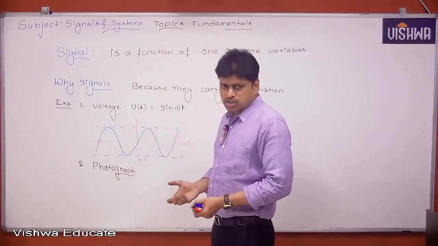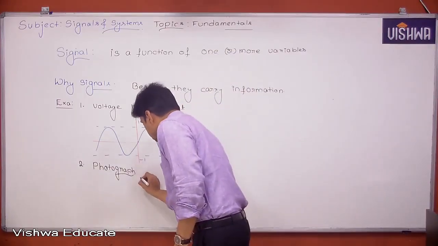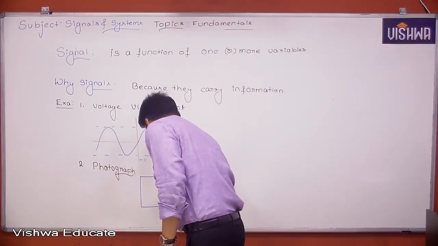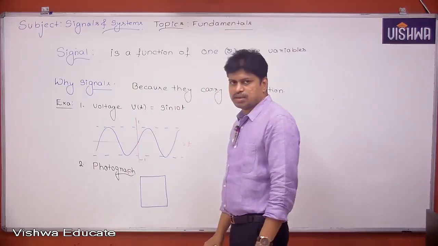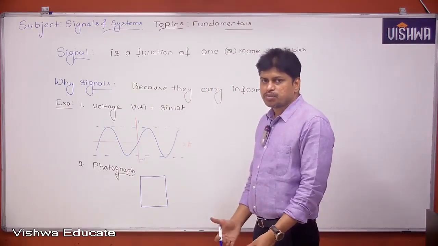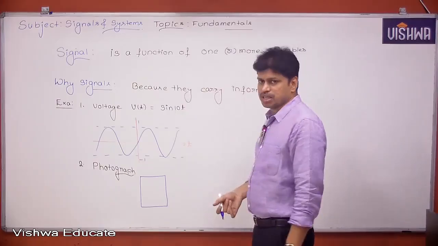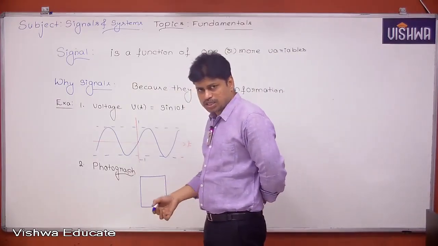Then what is it showing? Definitely a photograph looks like this maybe. Sir, you said a photograph is a signal. Then what is the variable here? What is the independent variable here?